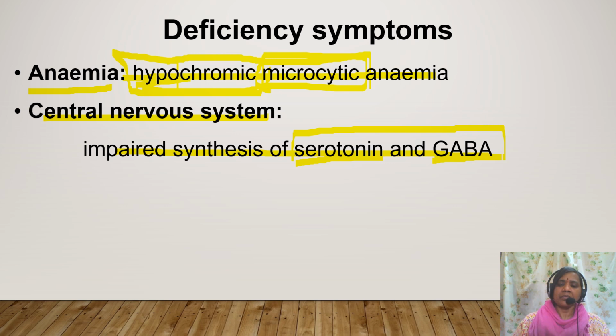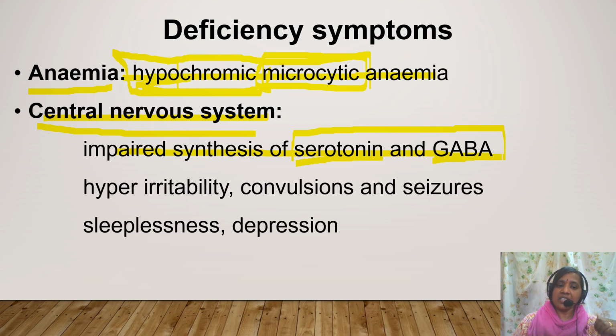Now, the deficiency of this vitamin affects amino acid metabolism, which in turn leads to impaired synthesis of these two neurotransmitters, and that is the reason it affects the activity of the brain or the central nervous system, which in turn leads to conditions like hyperirritability, convulsions and seizures.